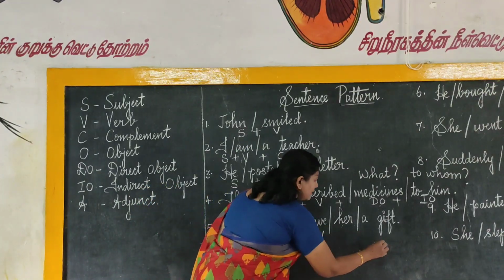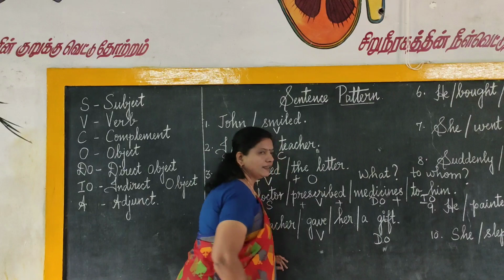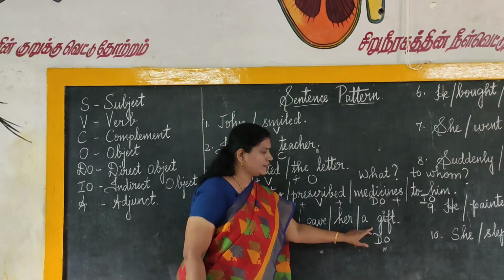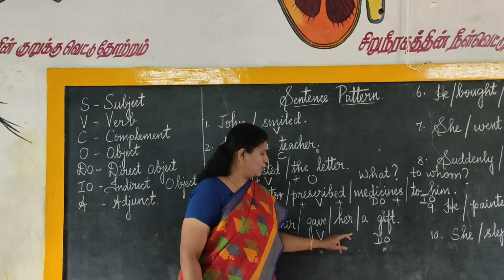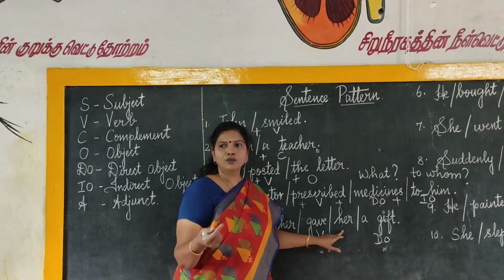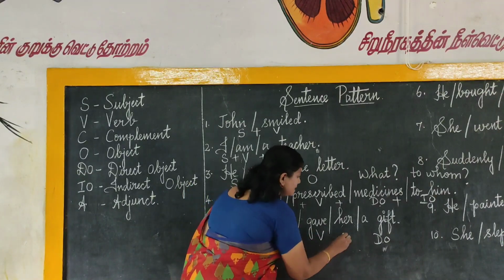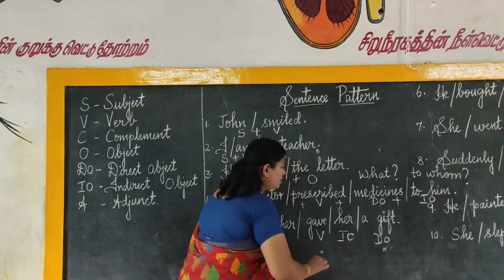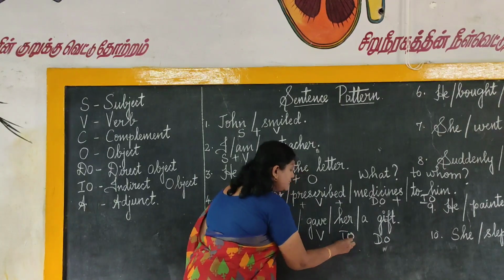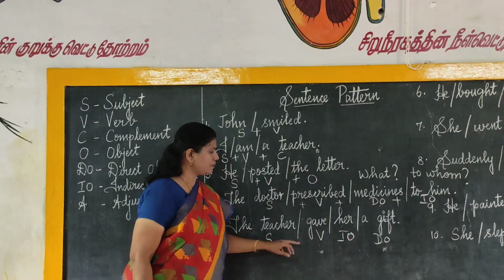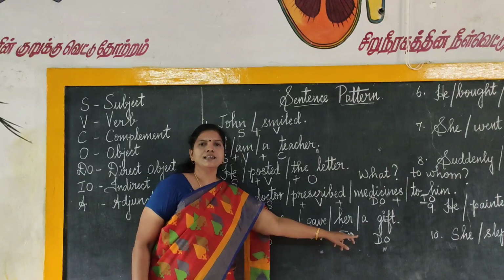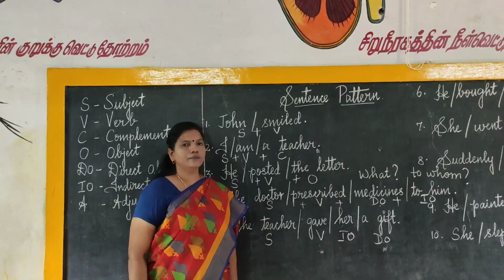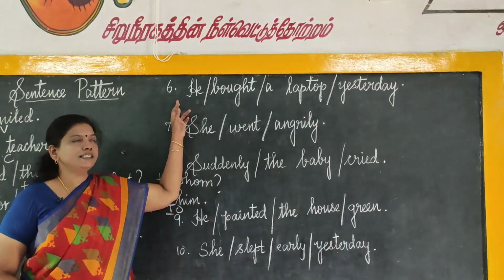So a gift is the direct object, right? When we get an answer for the question what, then it is direct object. To whom did she give the gift? To her. So this is indirect object. So the sentence pattern of this sentence is S plus V plus IO plus DO, right? Shall we move on to the sixth one?